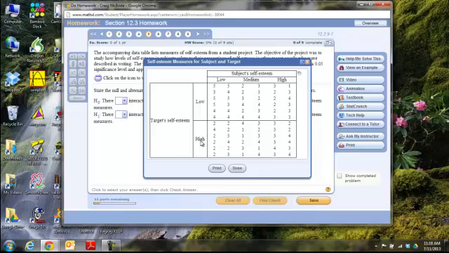So in this scenario, they had subjects that somehow were ranked low, medium, and high self-esteem. They probably took some sort of Likert test. And then they described people in writing and had the subjects determine whether or not those people had low or high self-esteem. So these are representing whether or not they scored the target as low and high. So that's how the data works.